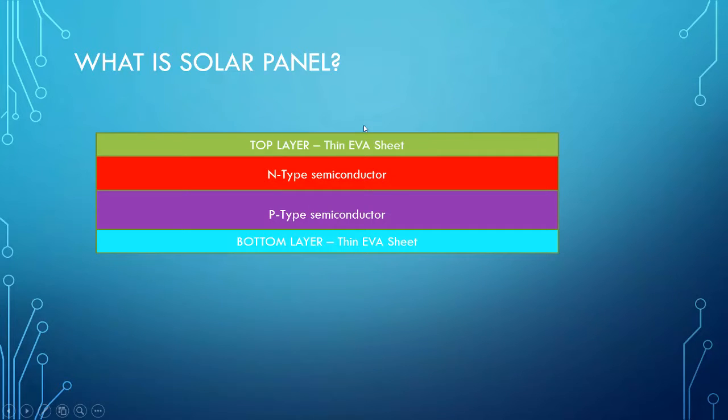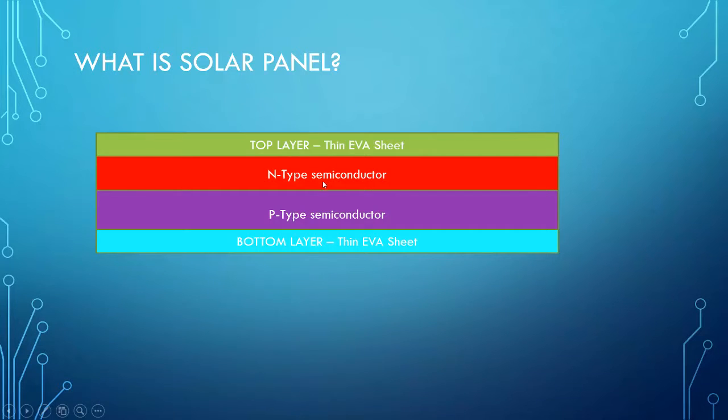So when sunlight is entering this depletion region, sunlight has photon energy. That photon energy creates an electron plus hole pair.